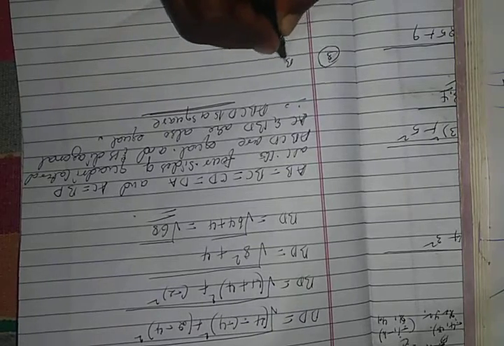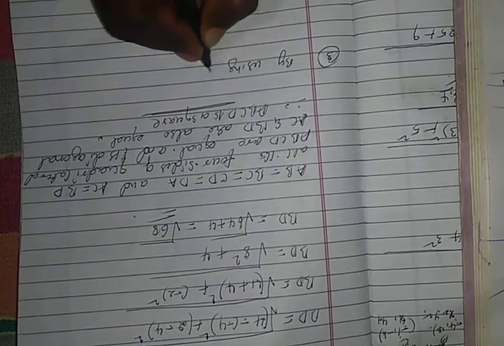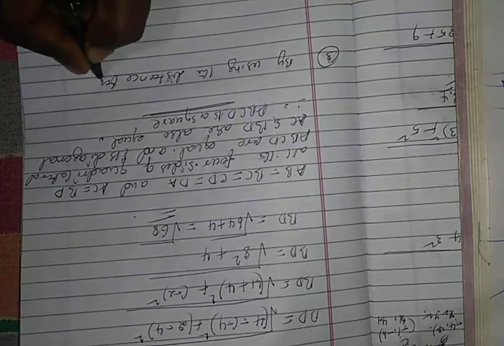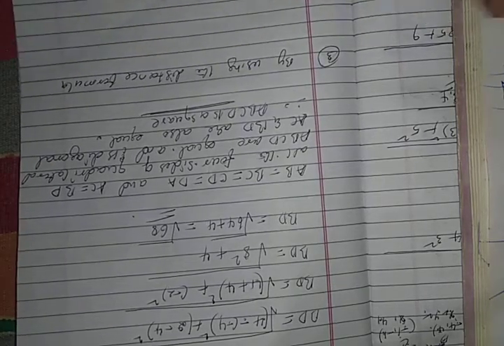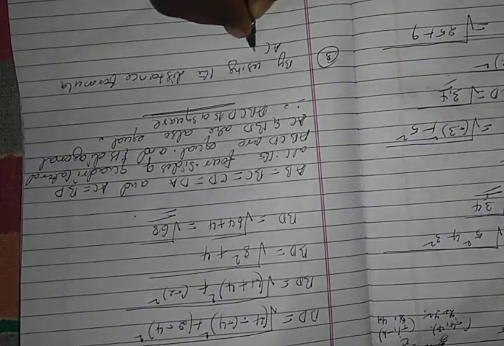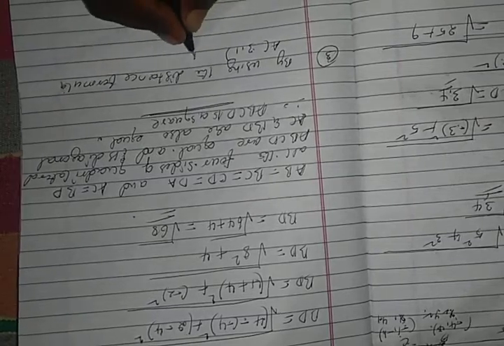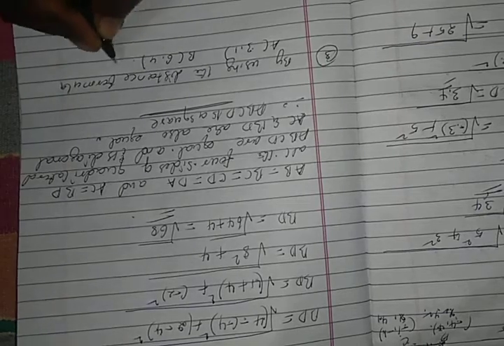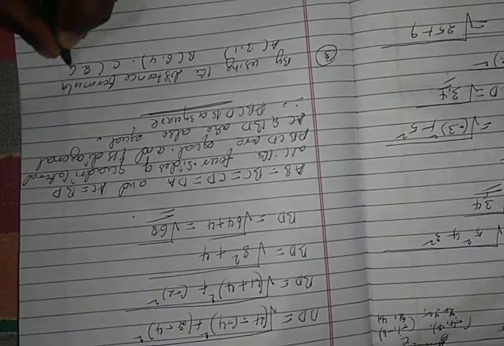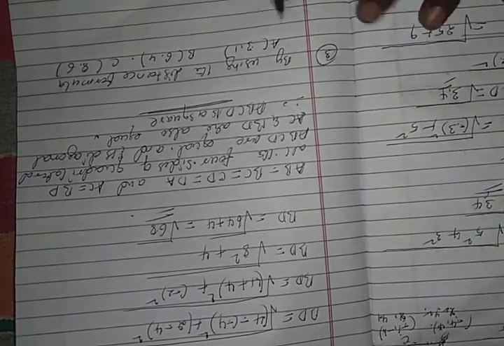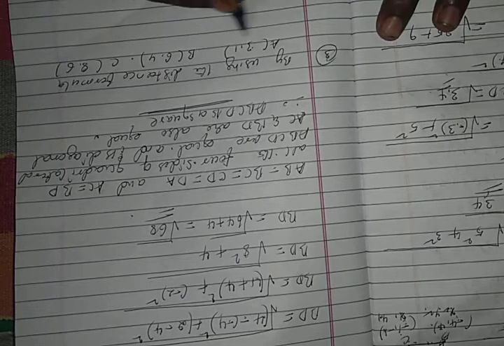Let us see, by using the distance formula, the points A, B, C. Point A is 3 comma 1, point B is 6 comma 4 and point C is 8 comma 6. We have to check whether they are seated in a line. First, we have to find the distance A to B.